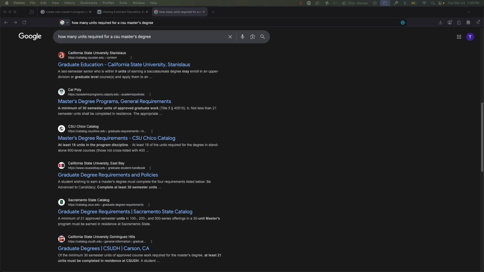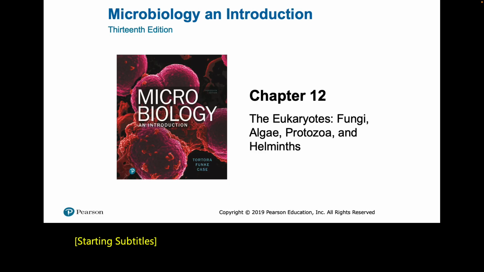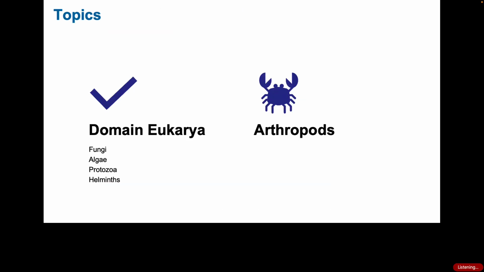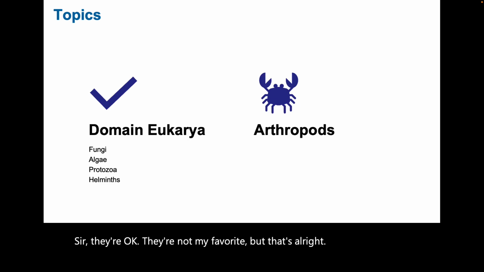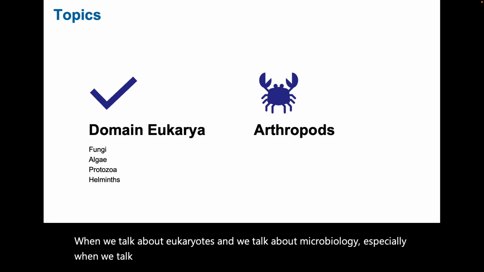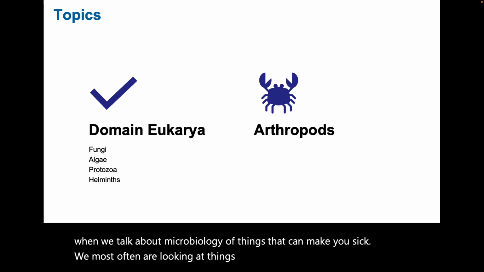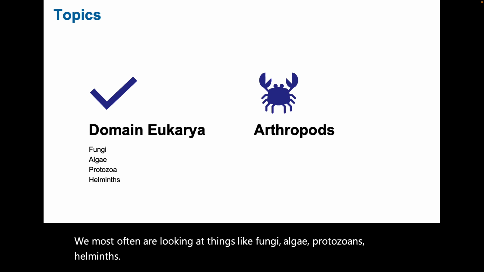Okay, cool. Eukaryotes. They're okay. They're not my favorite, but that's all right. When we talk about eukaryotes in microbiology, especially things that can make you sick, we most often are looking at things like fungi, algae, protozoans, helminths, and sometimes arthropods.